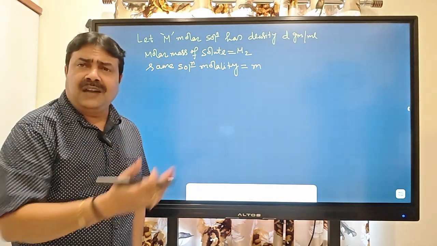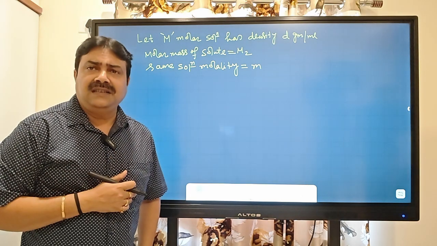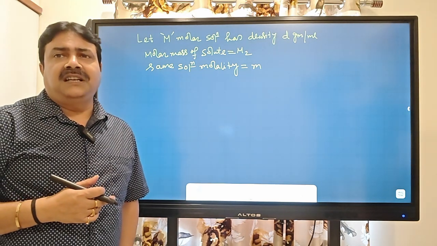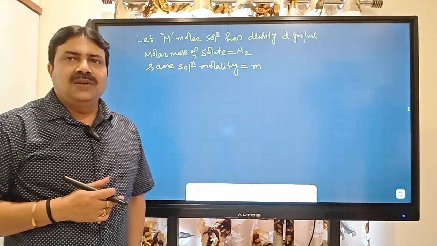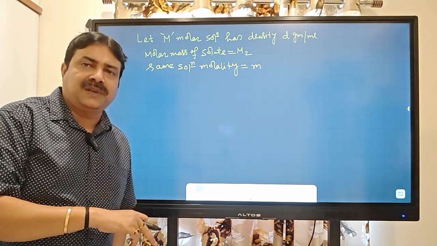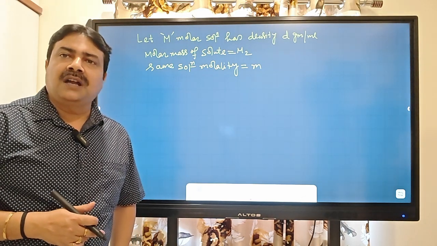By default they have to give the density, otherwise we can't establish a relation, because only one parameter, density, connects volume and mass. That's why whenever there is interconversion of molarity to molality or vice versa, they have to provide you density data, otherwise it is not possible.